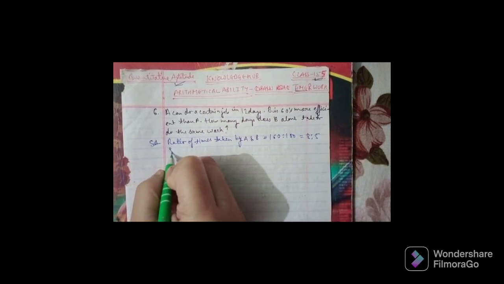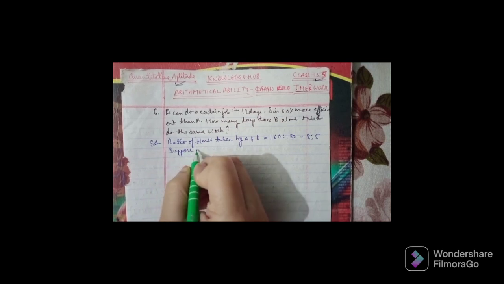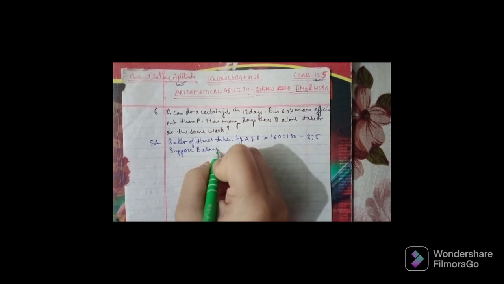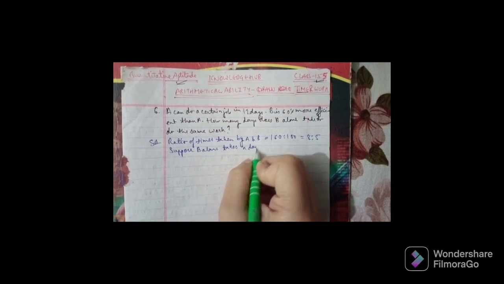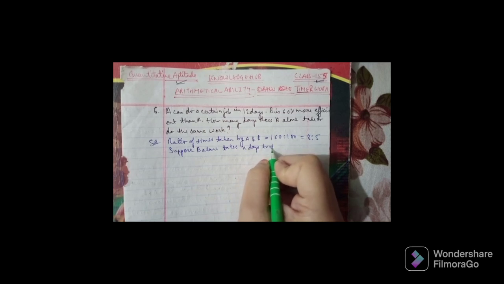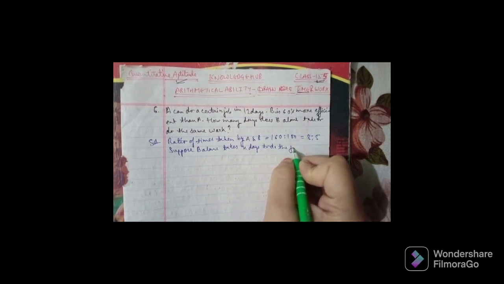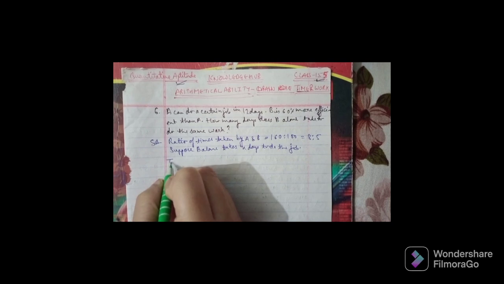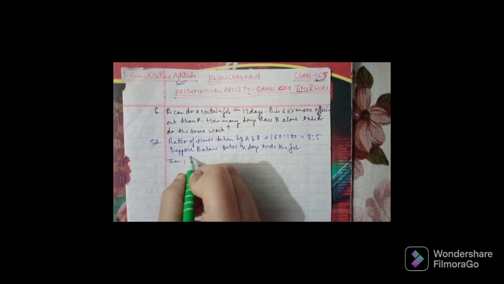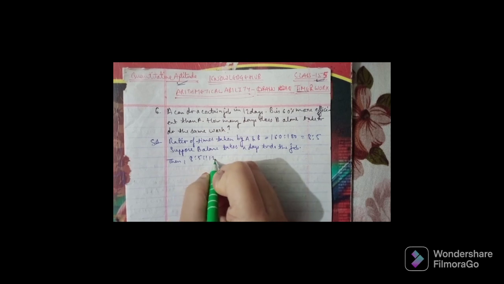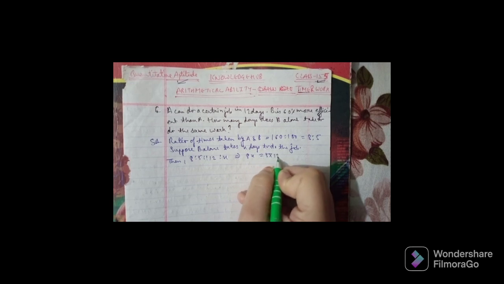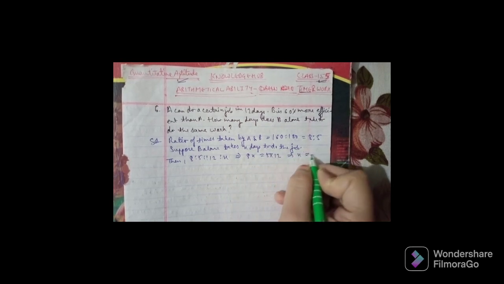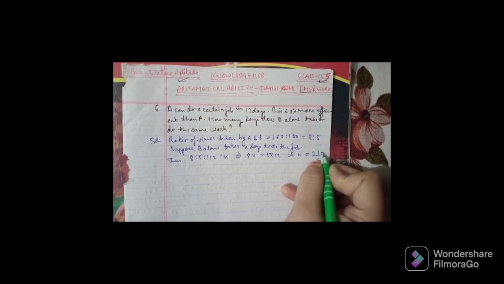Suppose B alone takes X days to do the job. Then 8 ratio 5 equals 12 ratio X. So 8x equals 5 into 12, that is X equals 7 and 1 by 2 days.